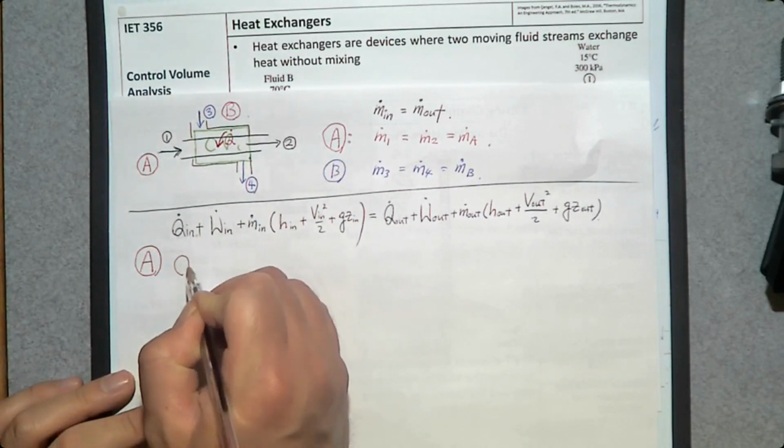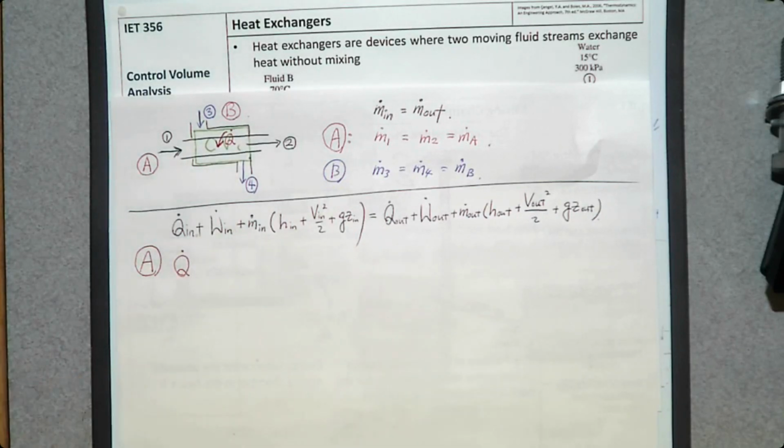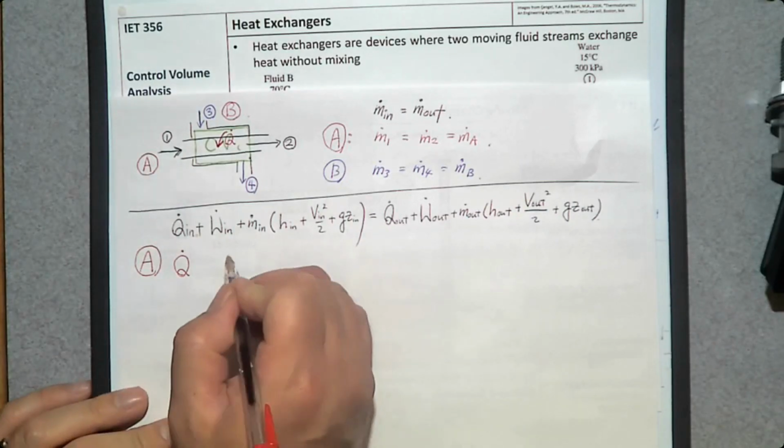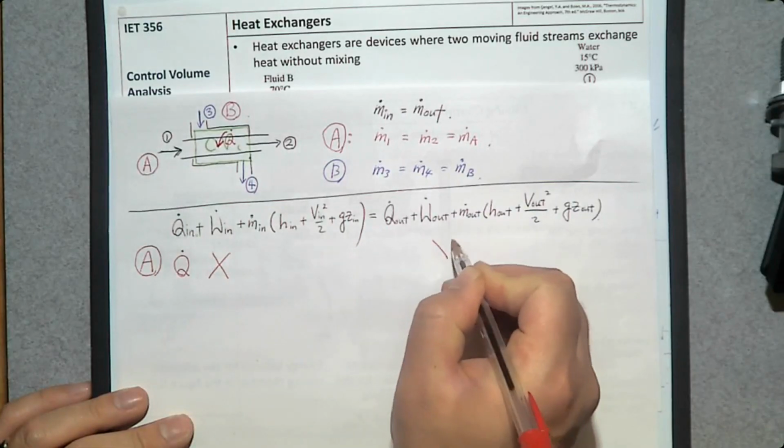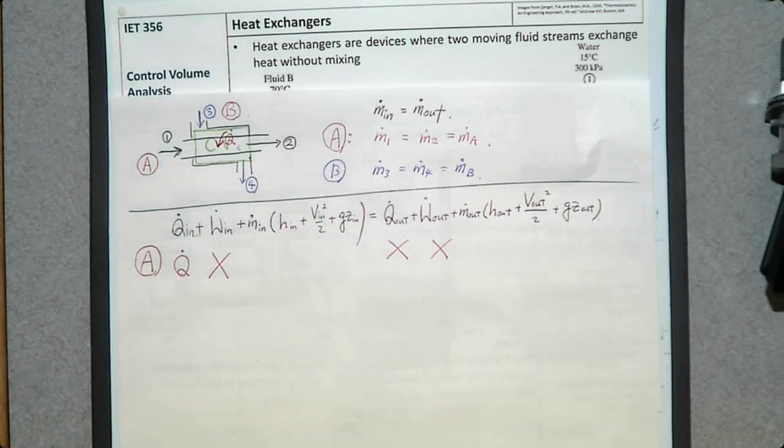Is there any energy transfer by work? No. Q dot out? No. That Q is incoming, not outgoing. So we can neglect W dot and Q dot out.